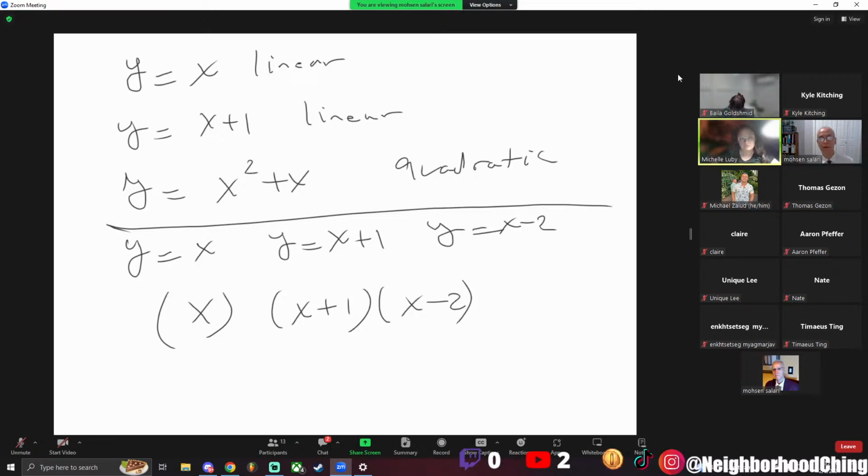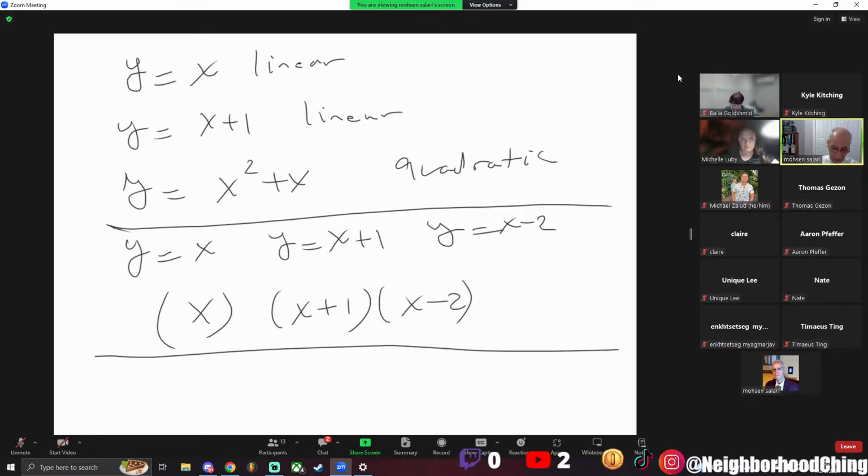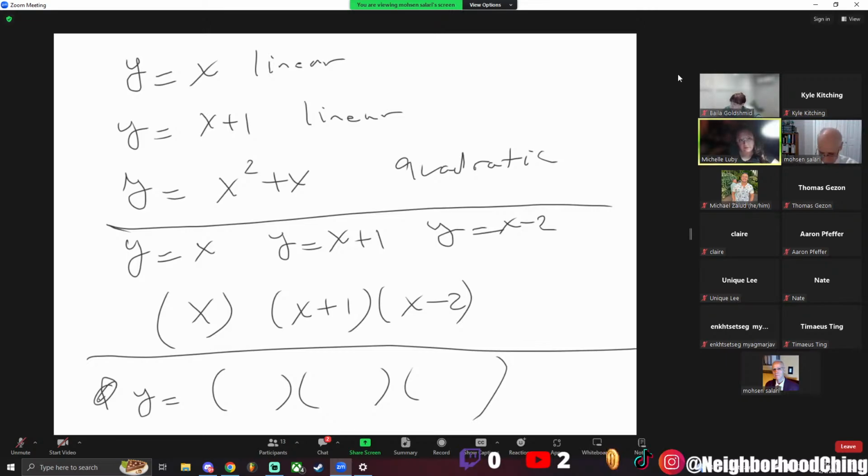Wouldn't that be a cubic? Yeah, because every time you factor a cubic, if you have y equals something times something times something, then you have three linear factors, or you can say I have one linear and a quadratic. That makes sense. Okay. So let's finish that example.